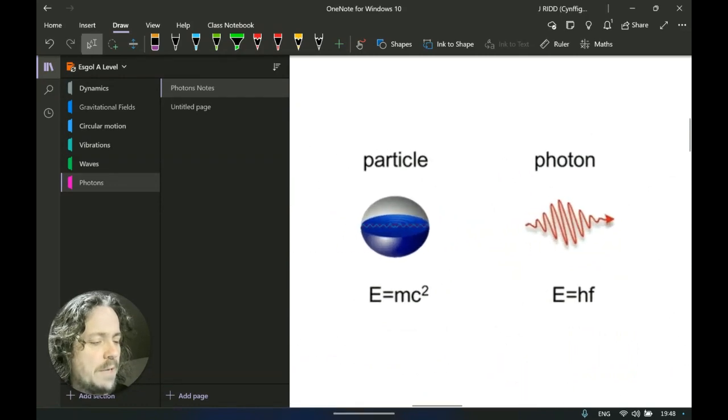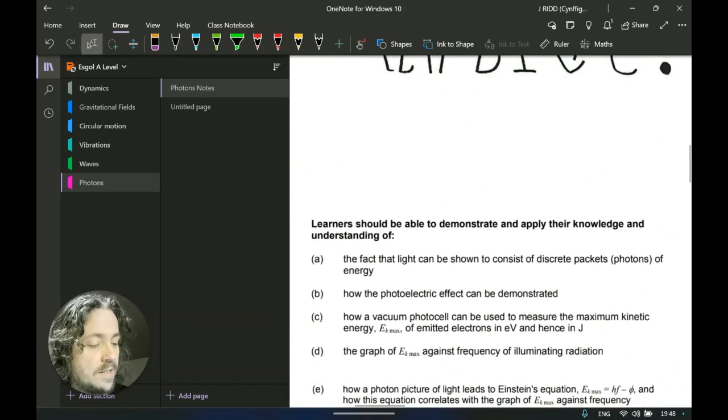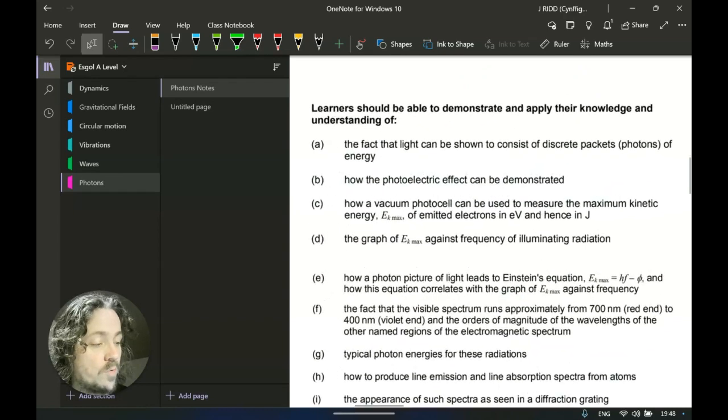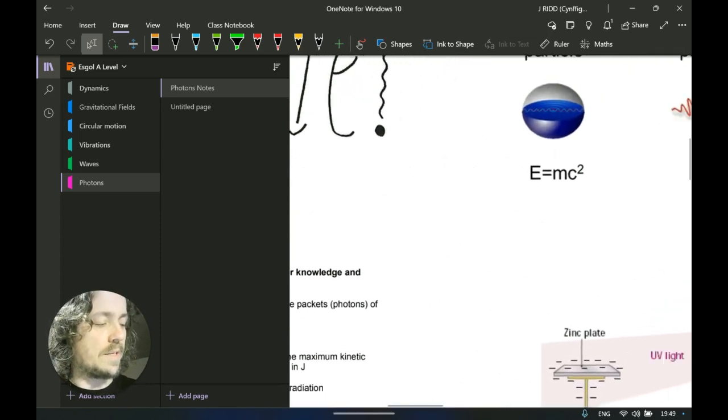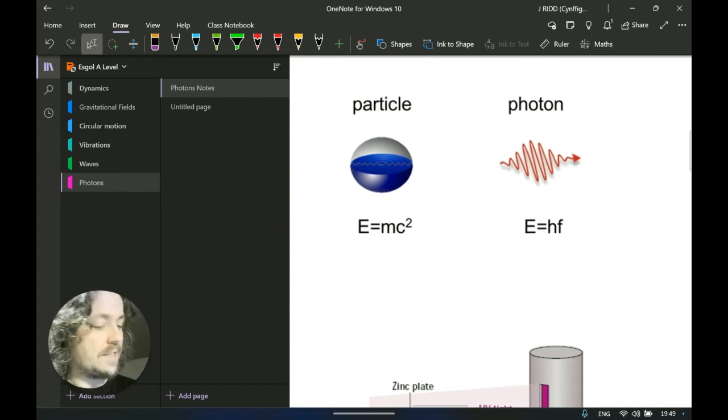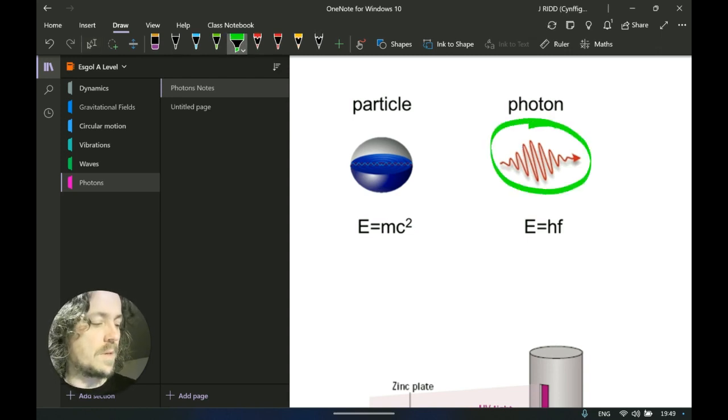Now, to begin with, if we look at the content that we've got to go through, and this is taken straight off your specification for the course, you can see point A, the fact that light can be shown to consist of discrete packets or photons of energy. So one way to conceptualize what's going on here is to think of light or a photon as a discrete bundle, a little packet of energy.